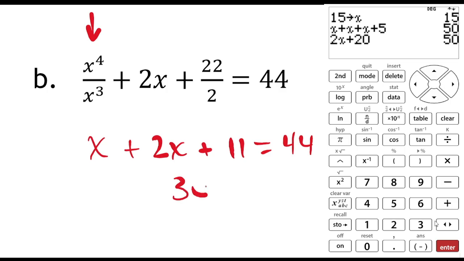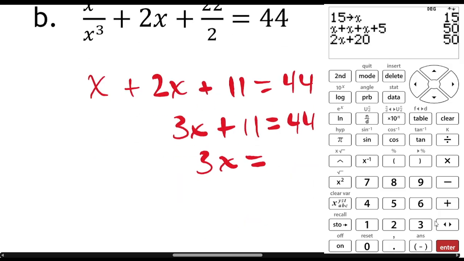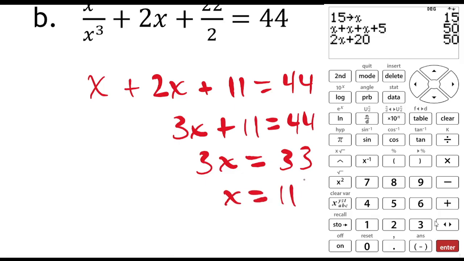So I'm looking at 3x on this one side plus 11 is 44. So 3x is, subtract 11 from both sides, 33, and then divide by 3. x is 11.